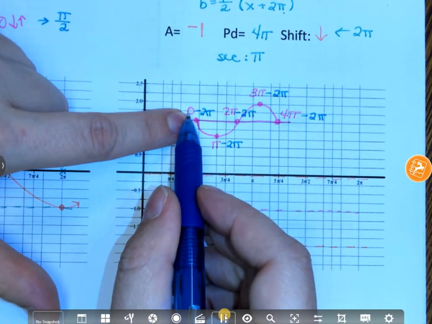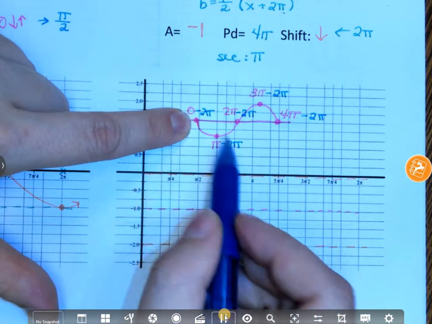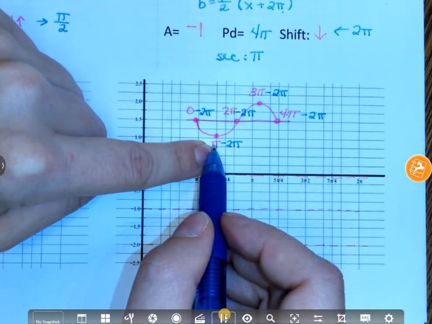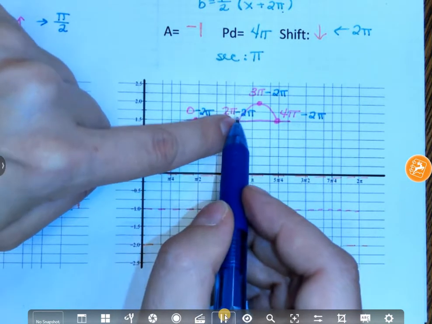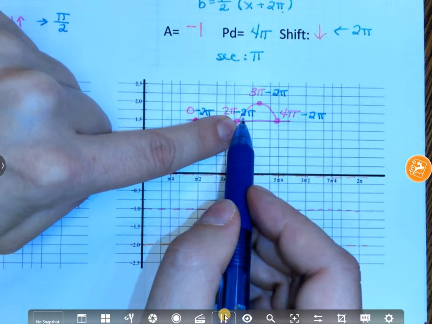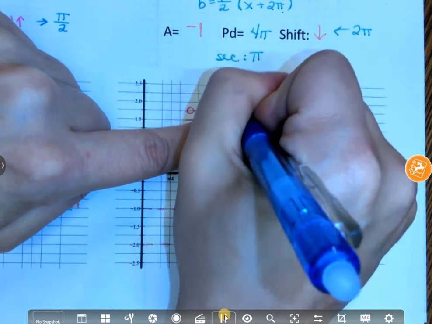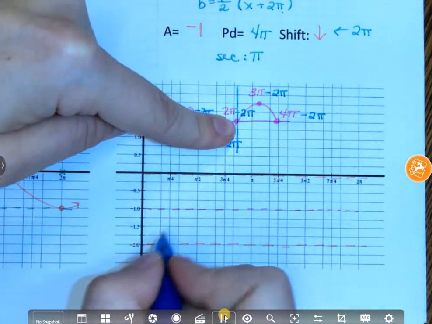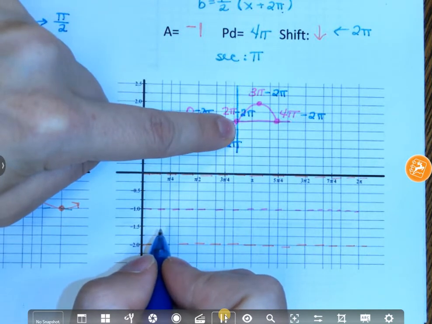So that's going to be off my graph, right? Pi minus 2 pi. What is that? Negative pi. That's off my graph. What is 2 pi minus 2 pi? 0. So that's where my axis is going to be. So at 0, am I top, middle, or bottom? Middle.